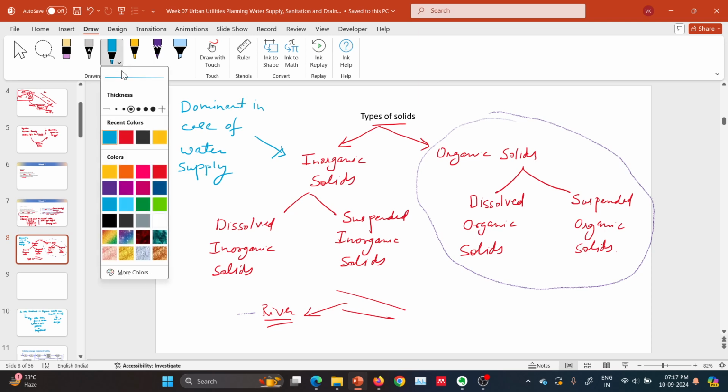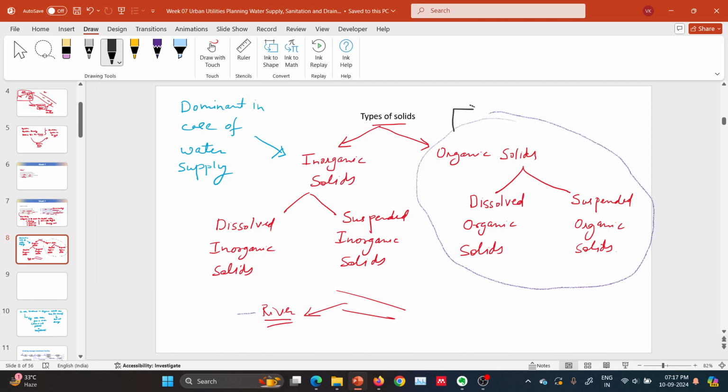Whereas these organic solids are dominant in case of wastewater treatment. In case of sewage treatment, we can say.